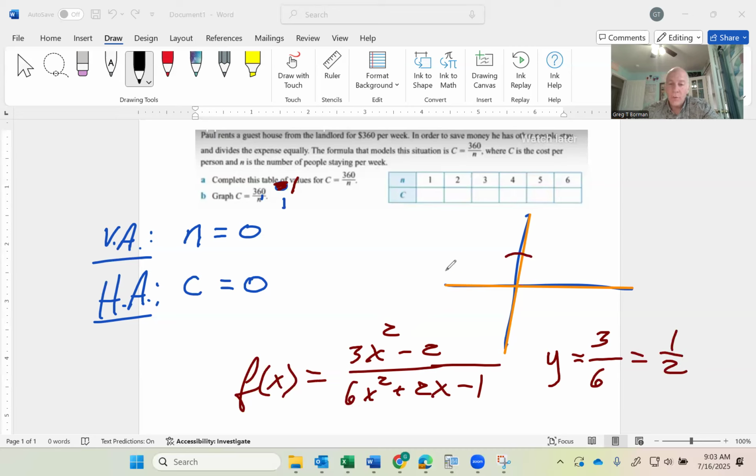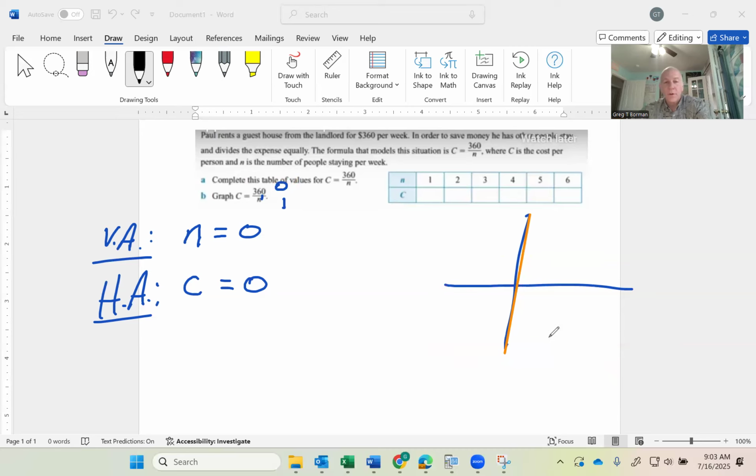In which case you would have a horizontal asymptote right there. So that's a little bit more of what we're talking about.